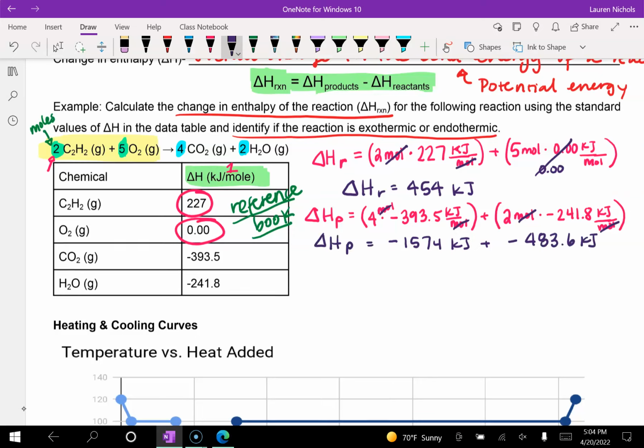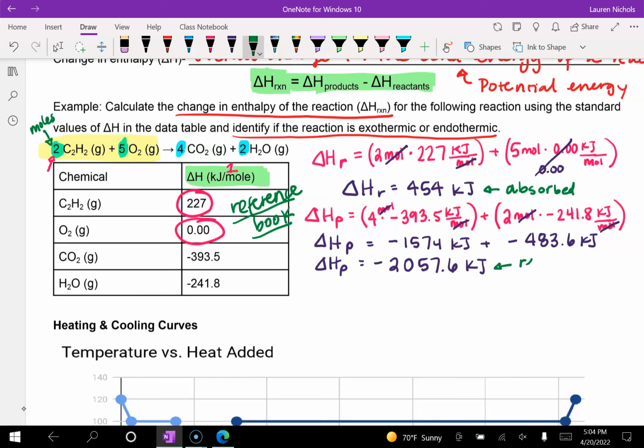So that tells me that my delta H of my products is negative 1,574 plus a negative 483.6, which is negative 2,057.6 kilojoules. Now, one thing we'll notice is that in this reaction, energy is being absorbed because it's positive.